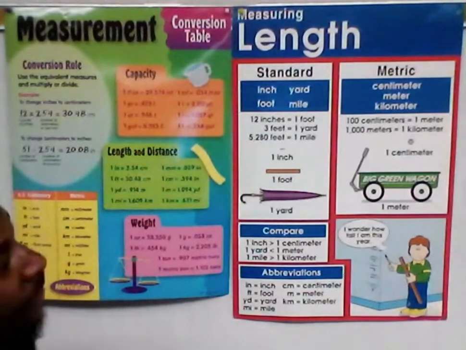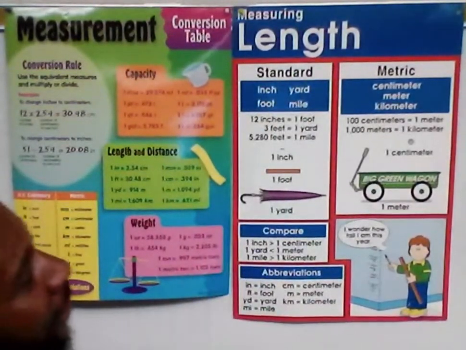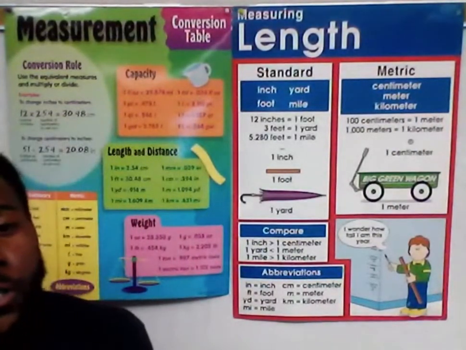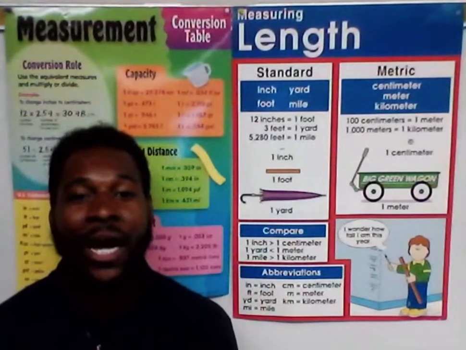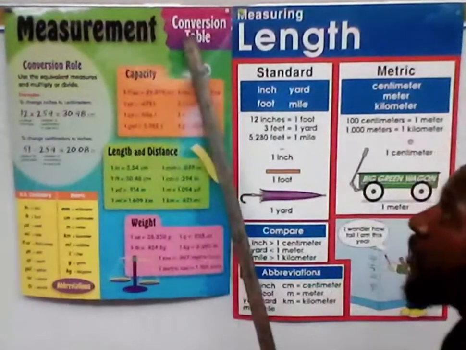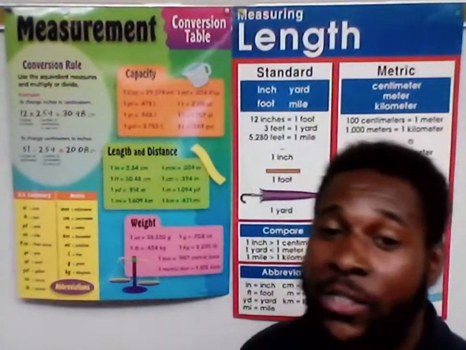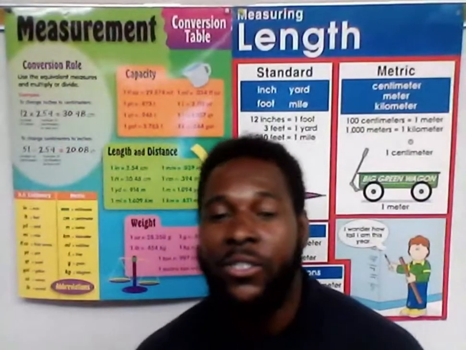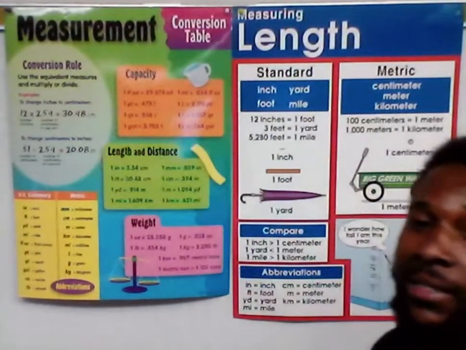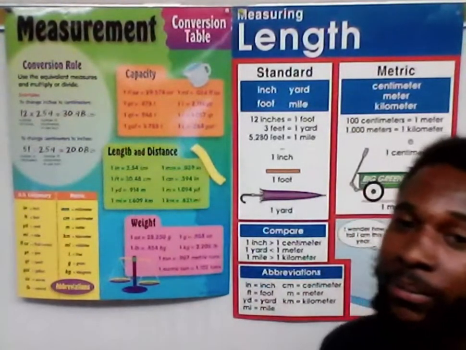This way is called the standard. This way is called the metric. Those are two different ways to measure objects. Over here, they say this is called conversions. A conversion is a way to equalize two different standards. So they're both saying the same thing, but there is a 2-to-1 ratio attached to it.